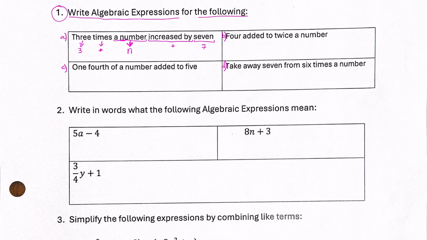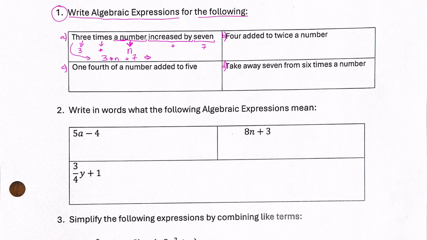Now, if I piece them all together, I can write the answer as 3 times a number, so that's 3 times n plus 7, right? Now, you're probably noticing something right here. This is correct. I'm going into a little depth here because I just want to point out all the little nuances, and I can because it's a video.